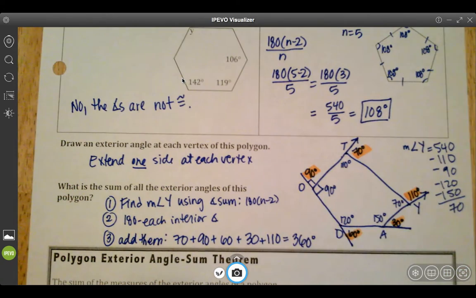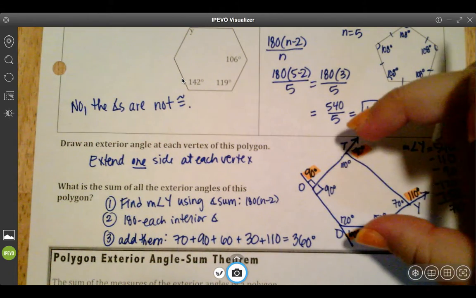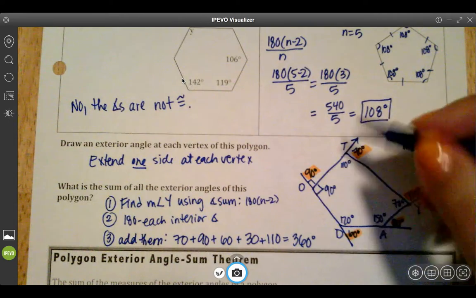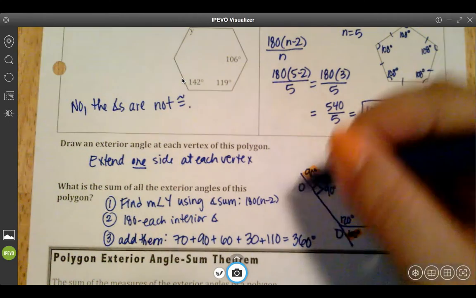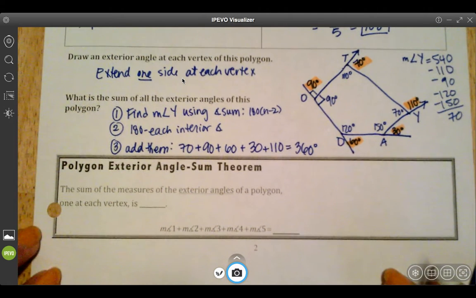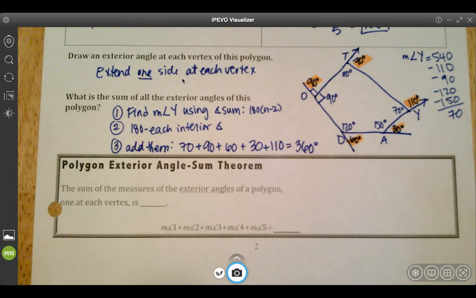you should get 360 degrees. Now think about, if you take this pentagon and you kind of collapse it in on itself, wouldn't this make a full circle? It goes around in a full circle. And so that's why the exterior angles make 360 degrees. So we have a polygon exterior angle sum theorem.